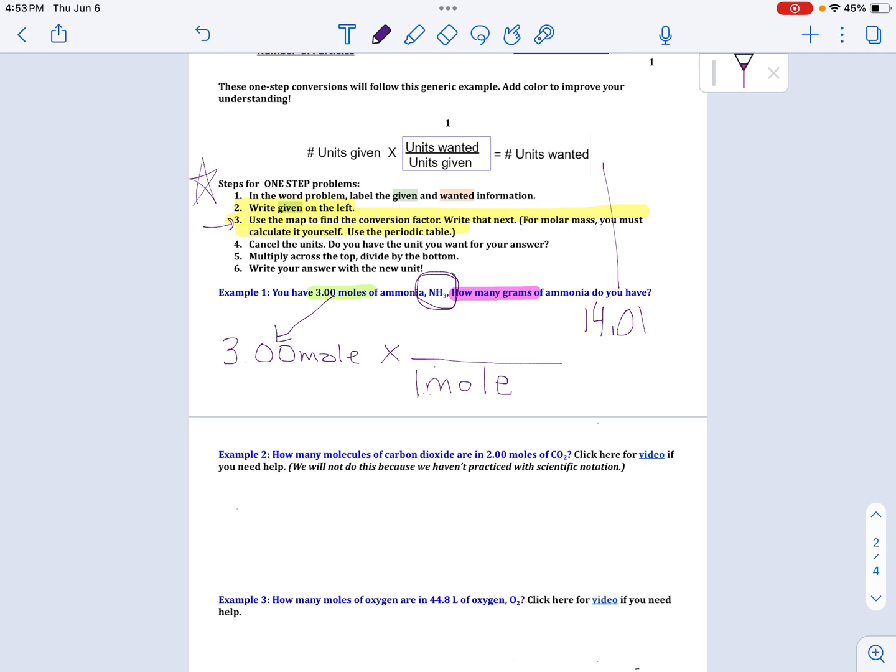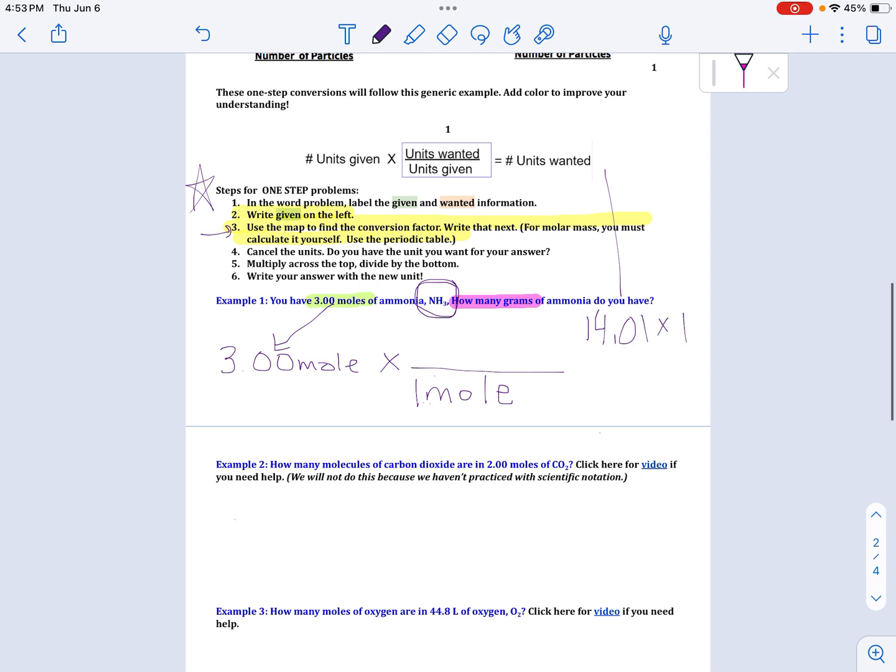Now since there's only 1 N there, there's no subscript, then I can either not multiply it or I can just say times 1. And then H, when I look at my periodic table, it's 1.01 times 3, because there's a 3 subscript. Now when I multiply those and then add them up, I get 17.04.